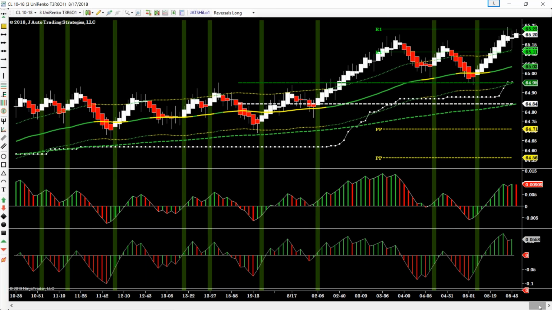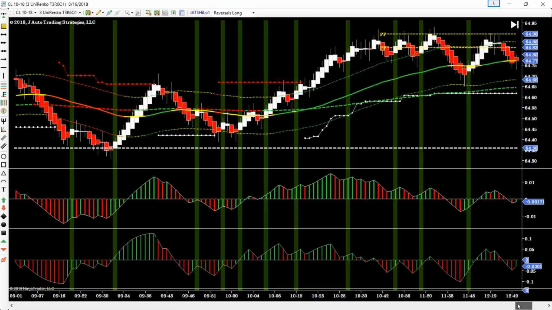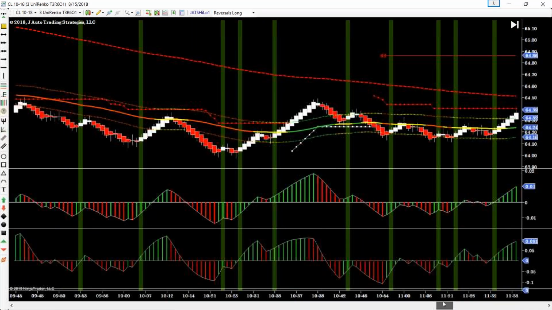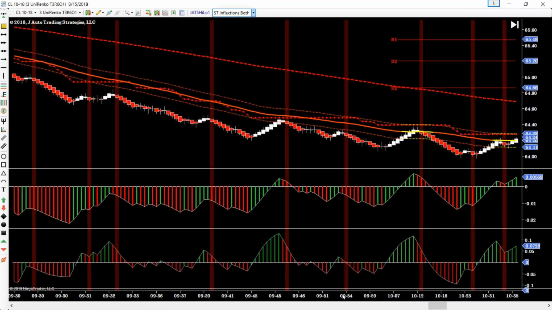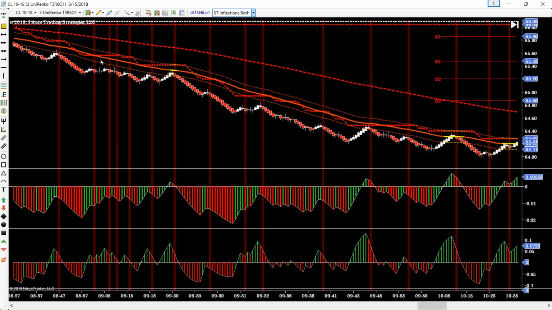But the key is to try to wait for a trending condition and then use your bar to get you in at that time, right? So these look really good winners.